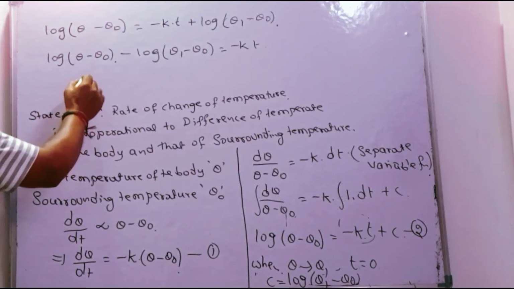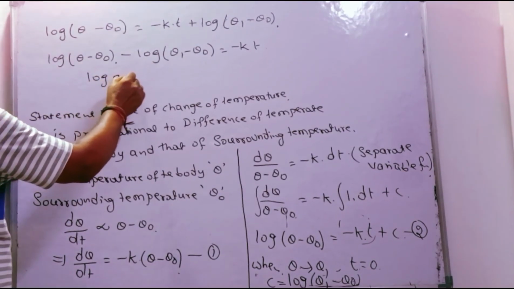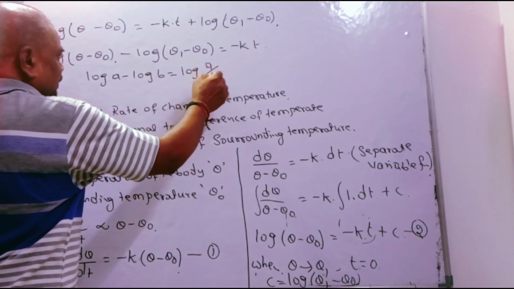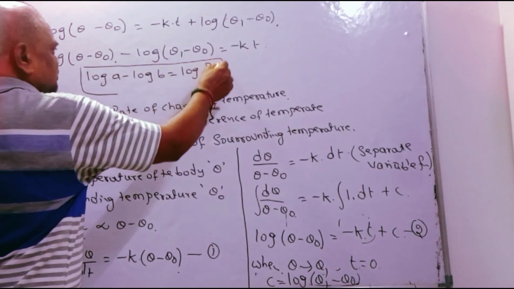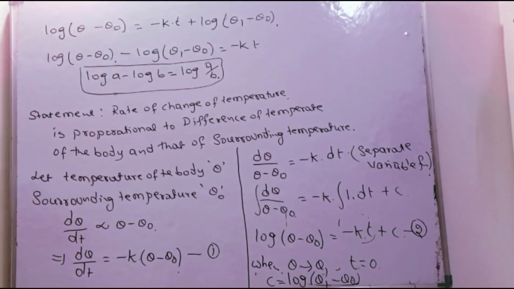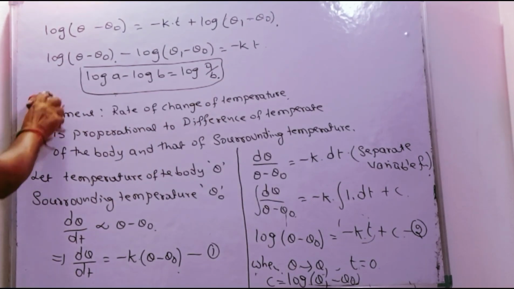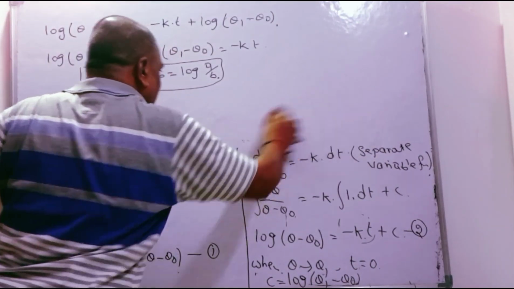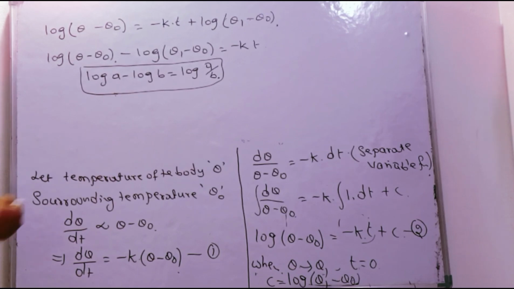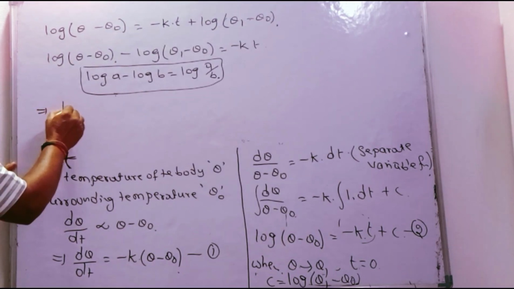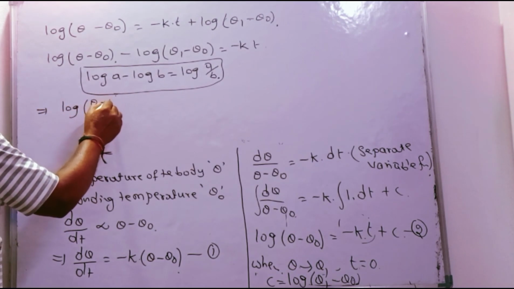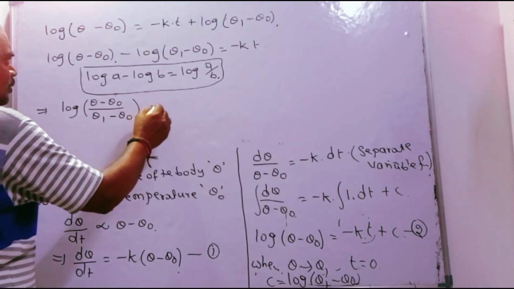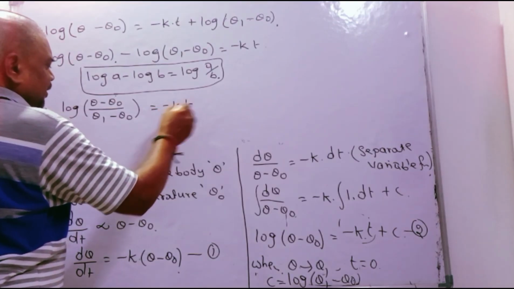By applying the log rule, log a minus log b equal to log a by b, we write log of theta minus theta 0 by theta 1 minus theta 0 equal to minus kt.